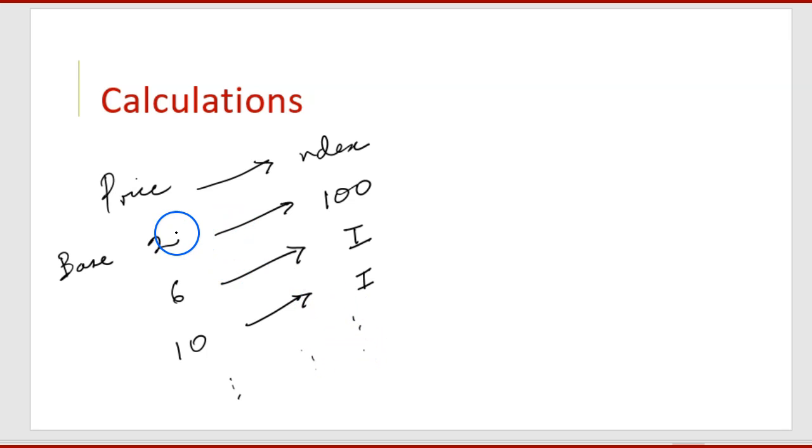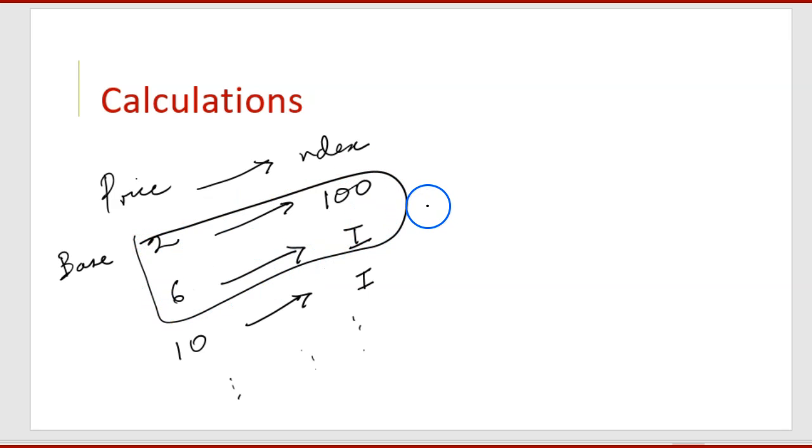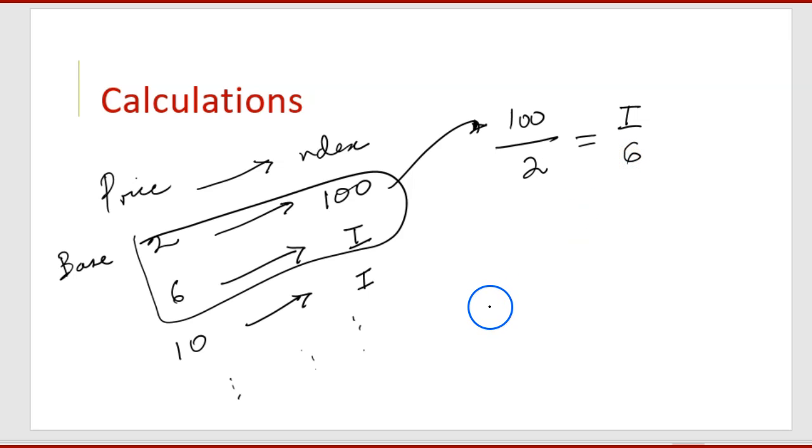So let's just take this here, and we can just solve it as a little problem. Right, so 100 over 2 is, as the index we want in the year we're interested in, over the price of 6.